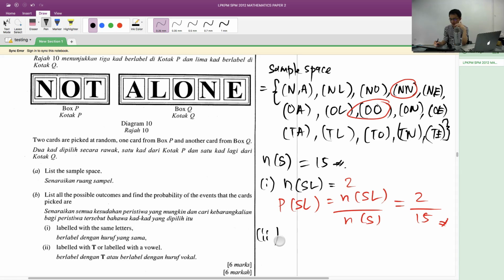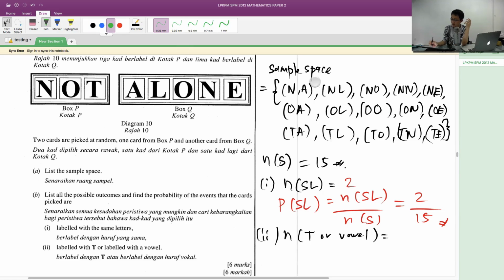Label with T or label with vowel. Okay, this one you have to think a bit. T or vowel. Let's see how many. Whatever has a vowel must be included, so I will use green color to shade it.